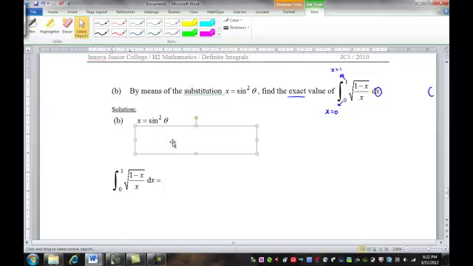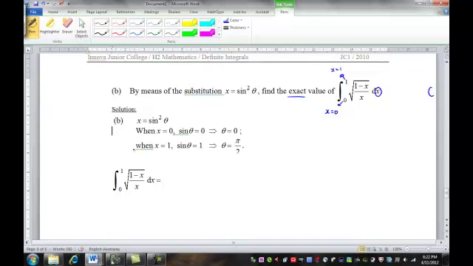So, in the same manner, when x equals 0, the lower limit, you plug in 0 into x in the substitution, you solve for theta. So now you obtain theta equals 0. So theta equals 0 refers to the new lower limit.